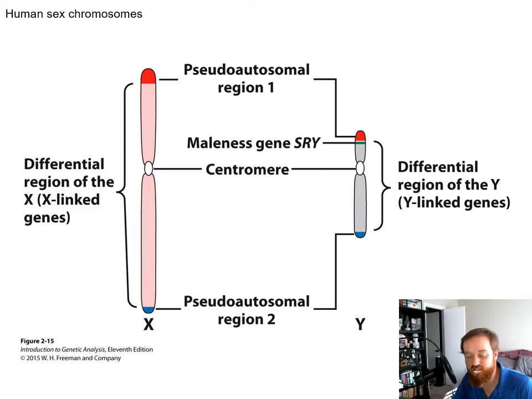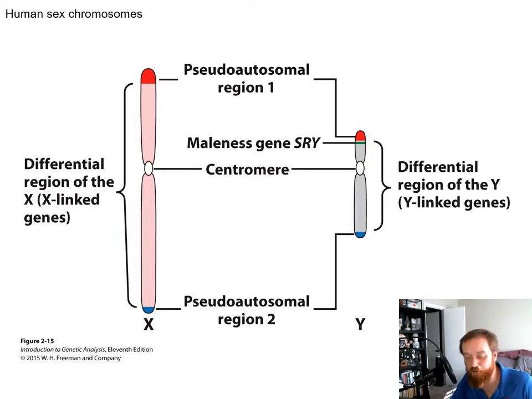The majority of the genes on the X and Y chromosome are different. At least in the case of the Y chromosome, a lot of them are sex-specific genes for creation of males. If you want to get really into it, look to take my developmental biology class that I teach, and we'll get real into the weeds of sex determination and development.